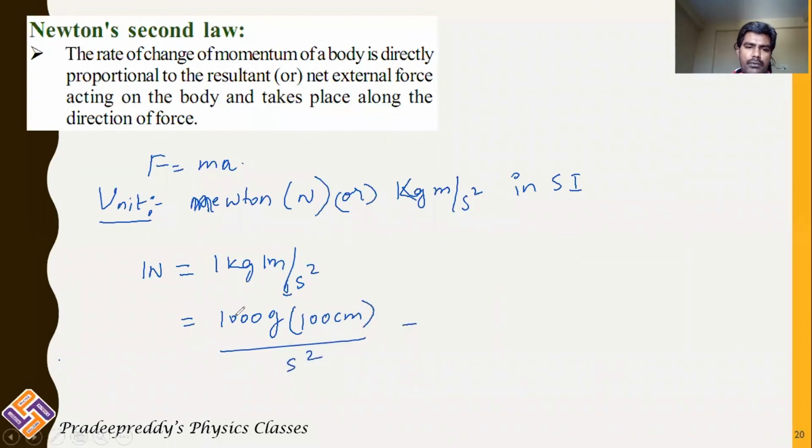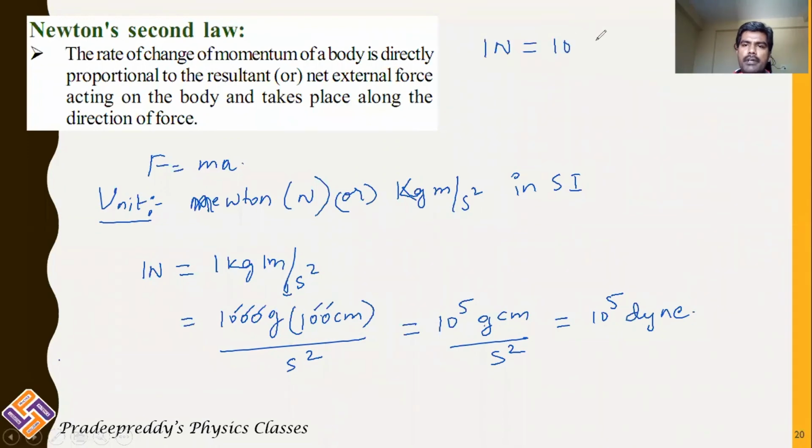This is equal to 10 power 5 gram centimeter per second square, and this 10 power 5 gram centimeter per second square is called dyne. Therefore, it is written as 1 Newton is equal to 10 power 5 dyne.